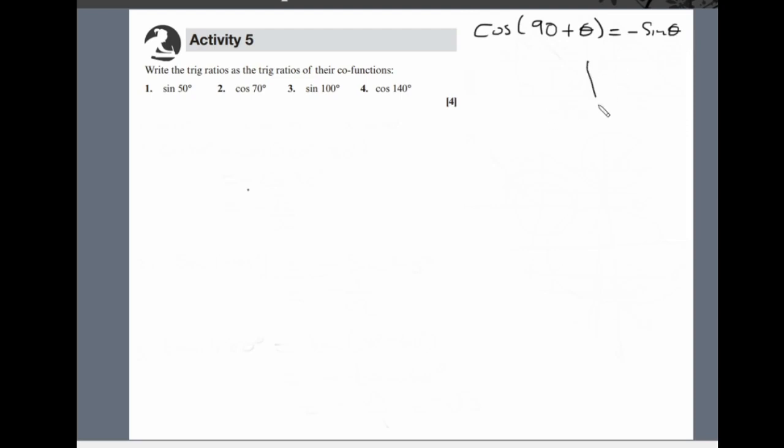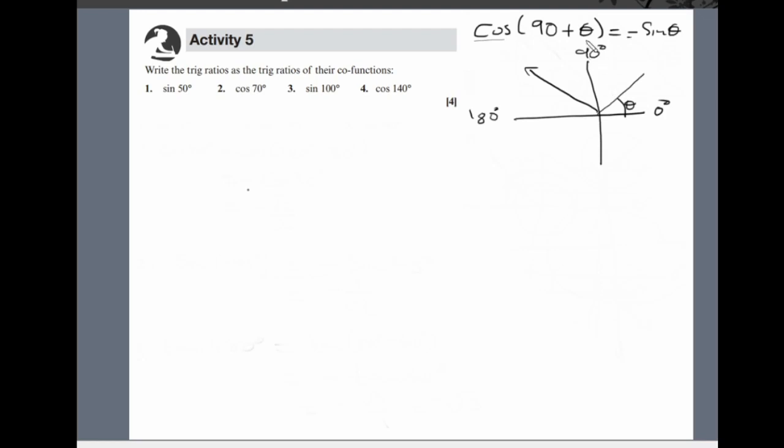Because if you look at the Cartesian plane, 90, 0, 180, and then we have our reference angle theta here. If you're saying 90 plus theta, it is in the second quadrant, and in the second quadrant cos is negative, which is why I have minus there.